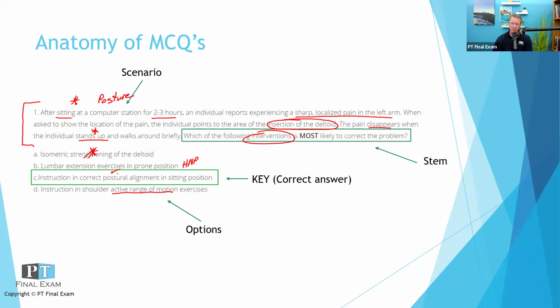We find that that is most likely to correct the problem. So again, you see that you can find the information in the question that will help lead you to the correct answer. In this case, instruction in correct postural alignment in sitting position would be considered the key, or the correct answer, and these other ones are all incorrect or not the best option, for various reasons.